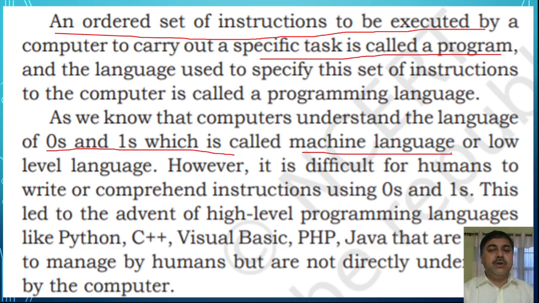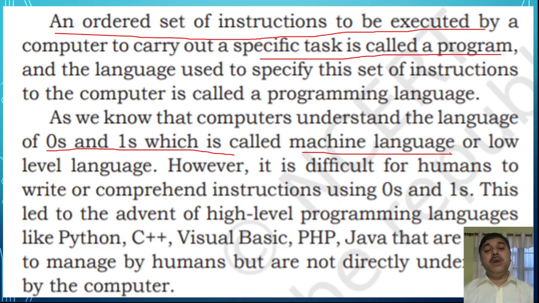In this machine language, it is a low level language, isn't it? So how are we working with this language? We need to take the language and make it in such a way that it can be understood by any human being.